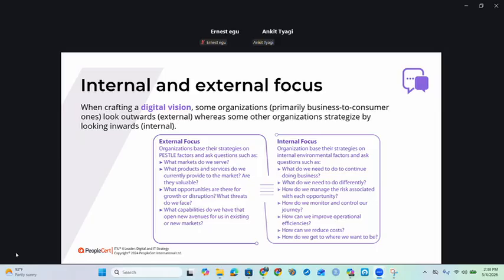When we focus on this particular area, we call it external focus. And internal focus is the one wherein we focus on the internal factors within the organization, like the four dimensions of service management, which were organization and people, information and technology, partners and suppliers, and value streams and processes.